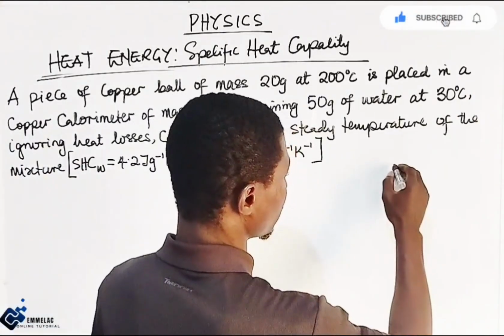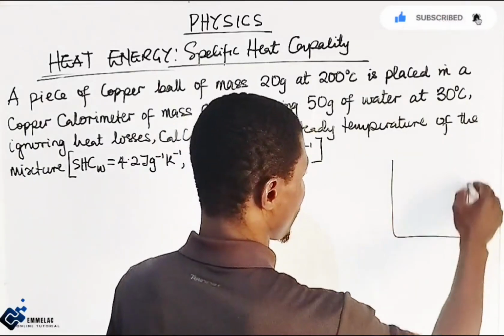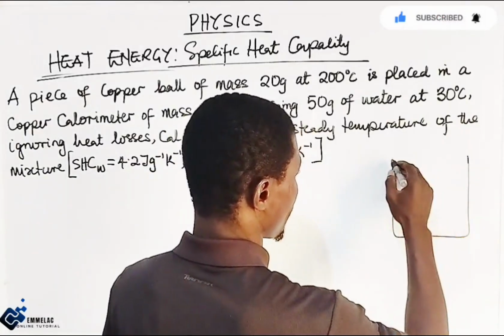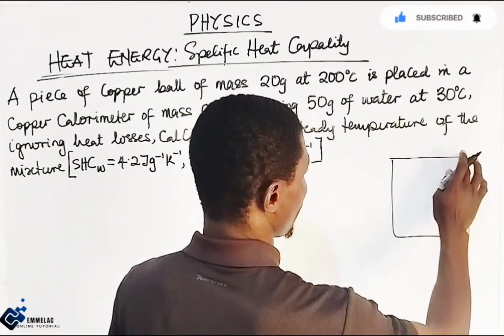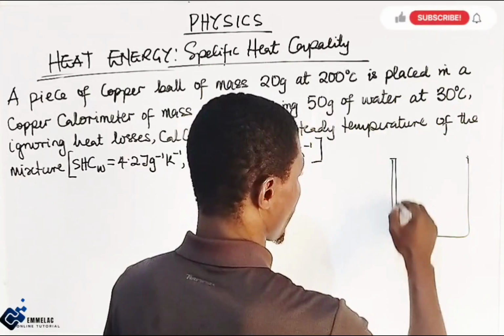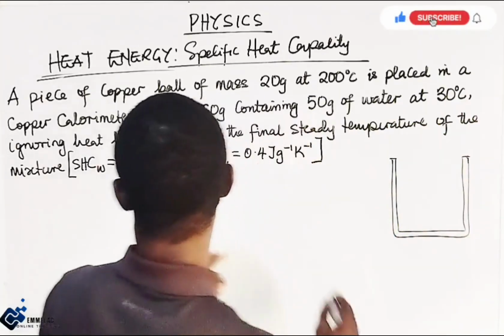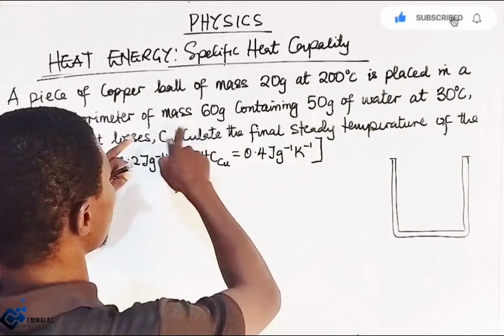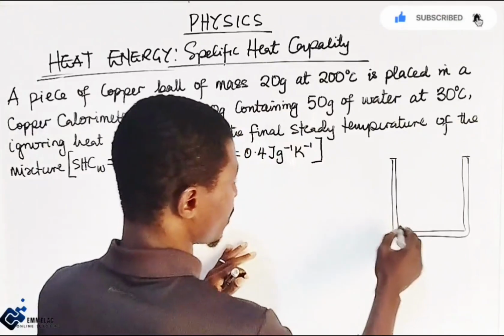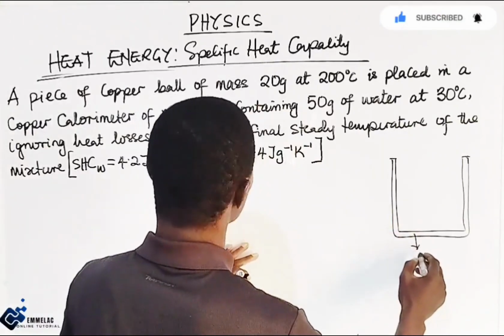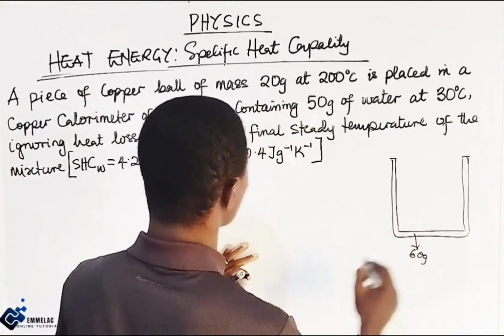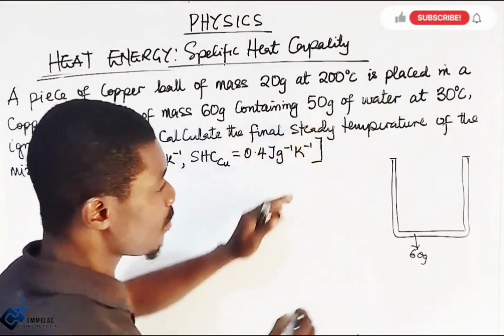Now here is the calorimeter, and we are told that the copper calorimeter has a mass of 60 gram, containing 50 gram of water.